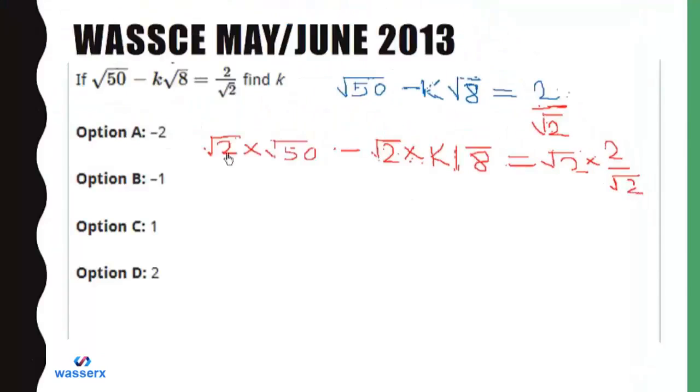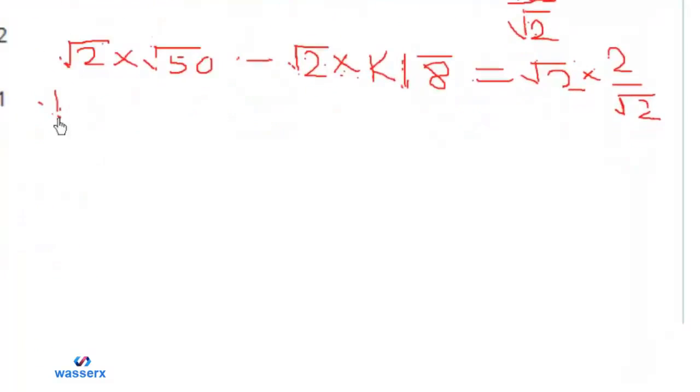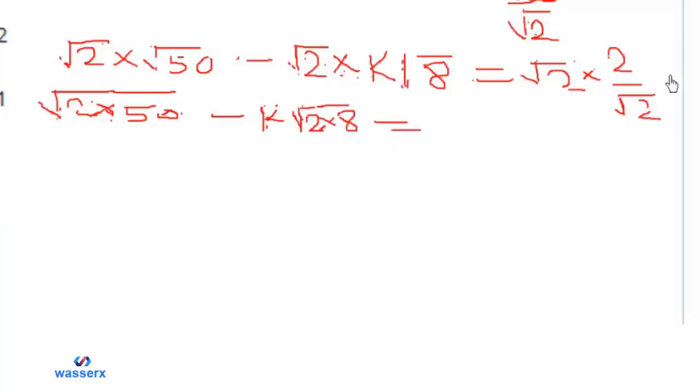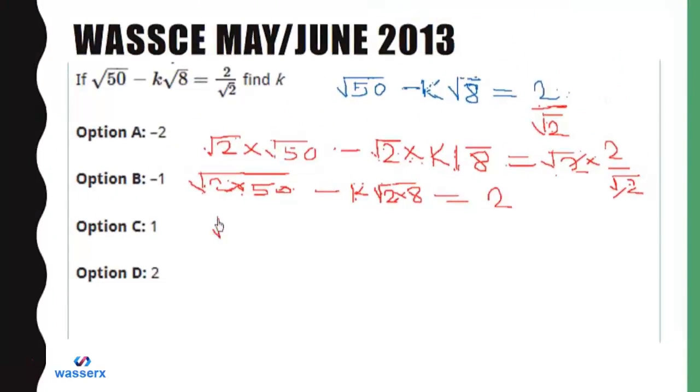Now we simplify this further to obtain root 2 times 50, which is root 100, minus k root 2 times 8 rather, is equal to 2.